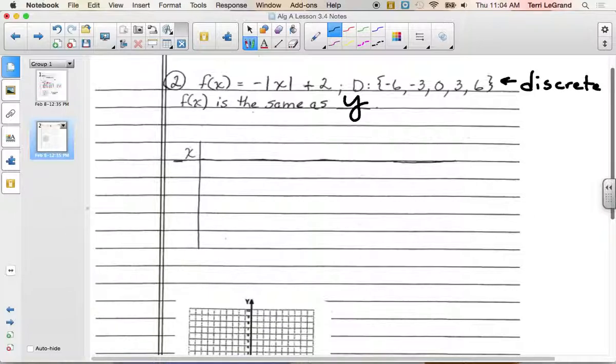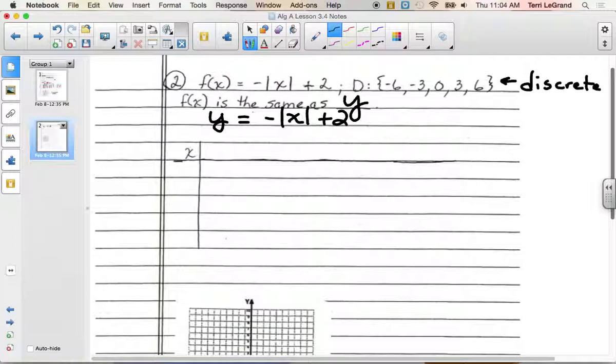This one already has f of x by itself. We're going to replace that f of x with our y so we can see if we have our function rule. Do we have to do any rearranging? In other words, can we get y by doing everything over on the other side? Yeah, y is by itself.